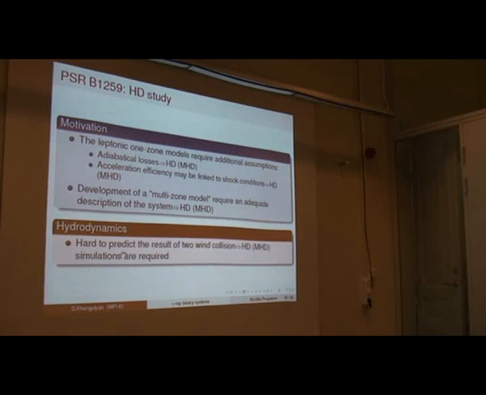But in any case, a one-zone modeling requires additional assumptions, either adiabatic losses or acceleration efficiency.